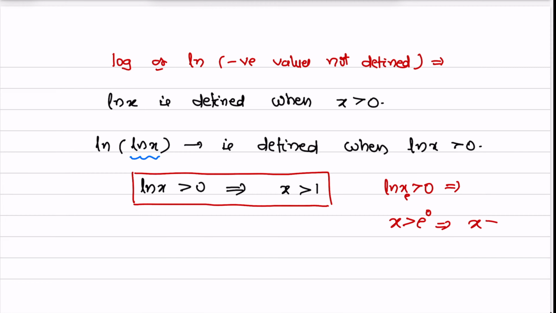That implies x is greater than 1. Please understand, this is the second concept.